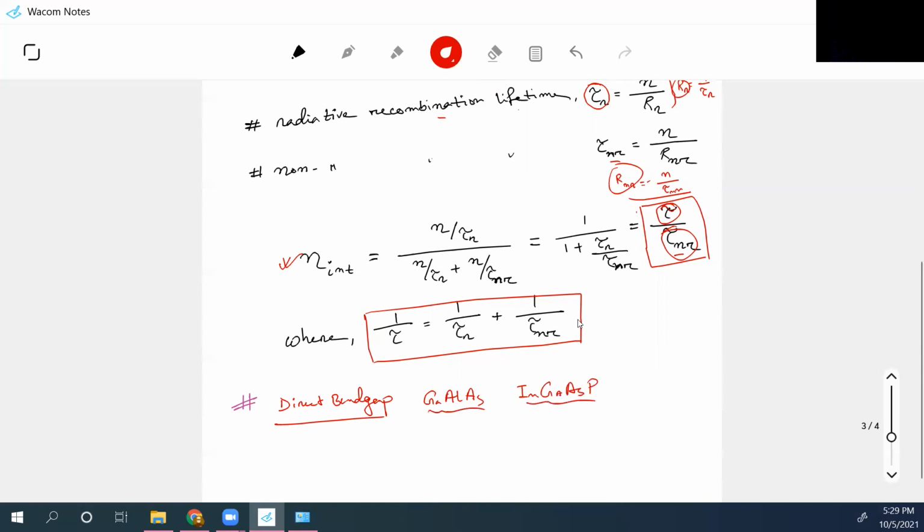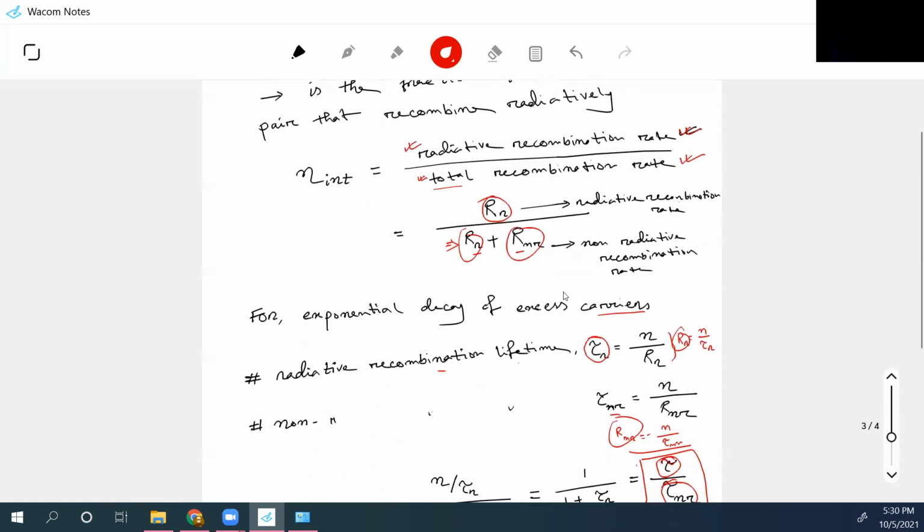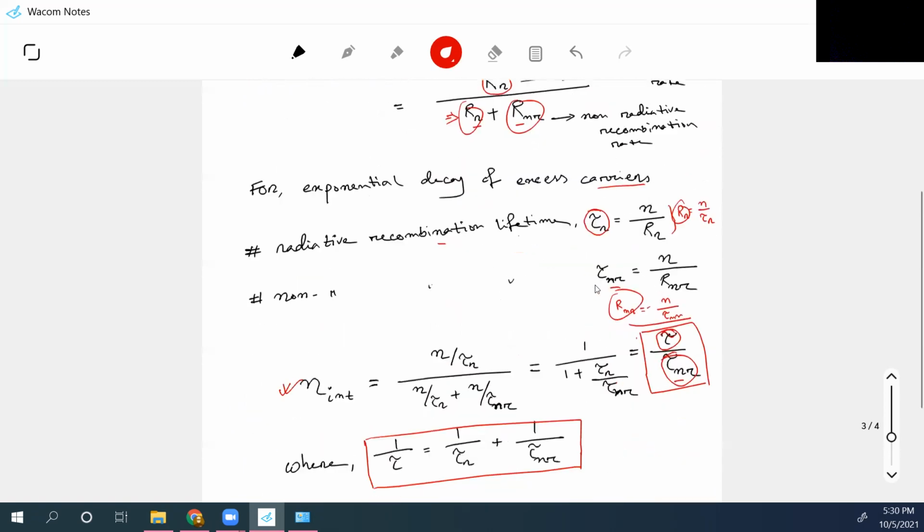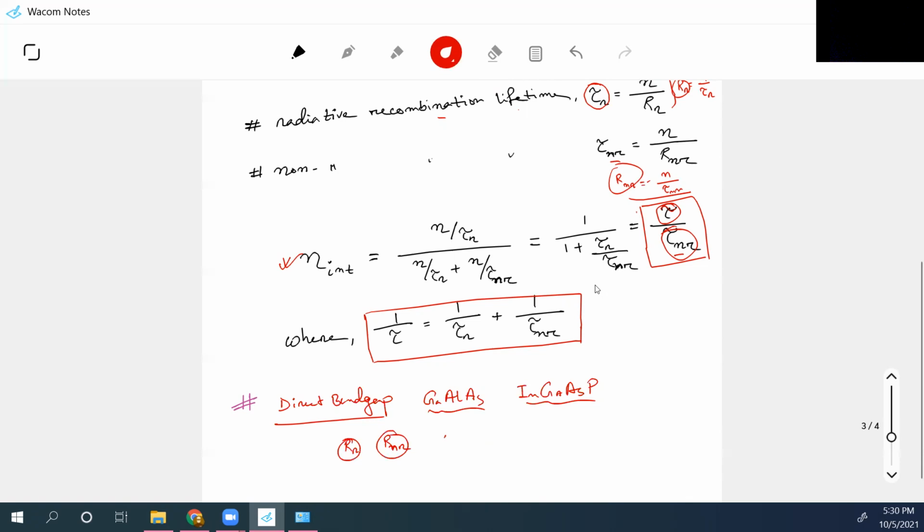For this kind of direct band gap material, the radiative recombination rate and non-radiative recombination rate are almost 50% each. It means if you create an LED using them, it is only 50% efficient, because if non-radiative takes 50%, it is converted to heat, so it's not a very good use.